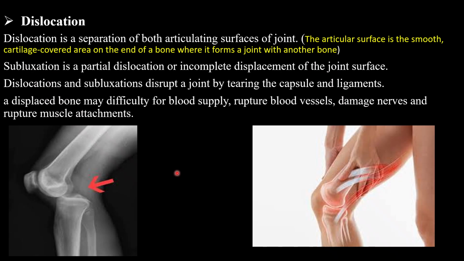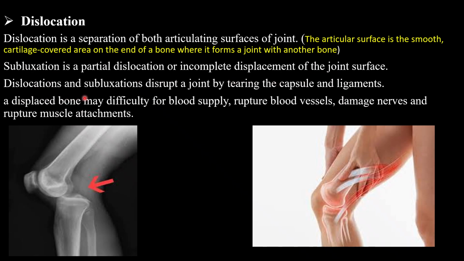So, introduction of dislocation. Dislocation is a separation of both articulating surfaces of a joint. Articulating surface means the smooth cartilage-covered area at the end of a bone, which forms a joint with another bone. Subluxation is a partial dislocation or incomplete displacement of the joint surface.